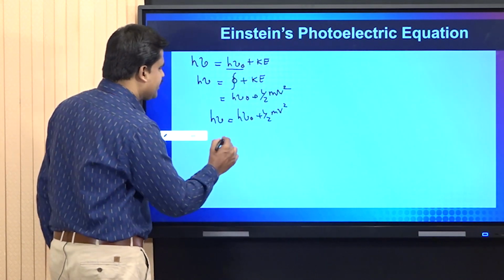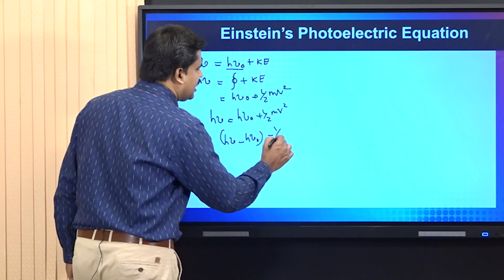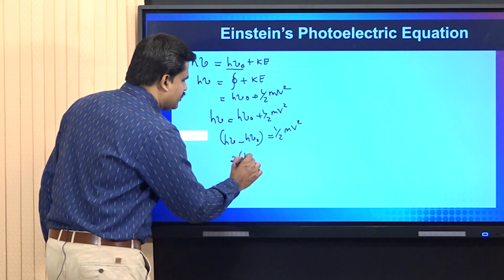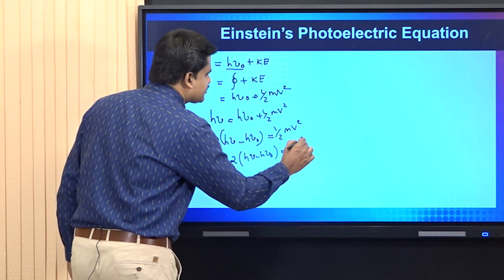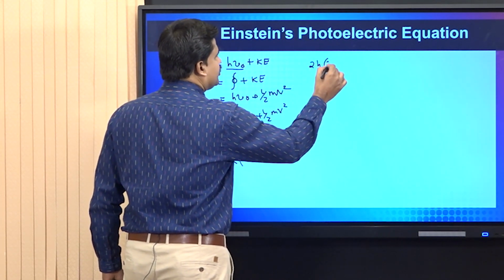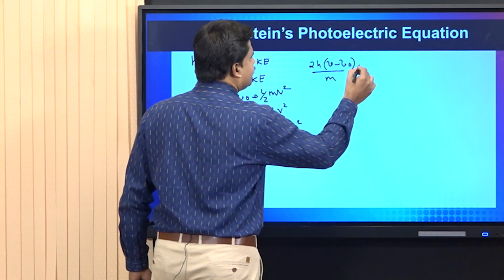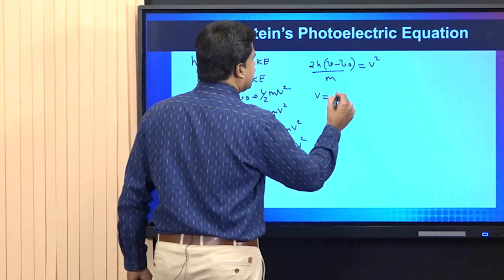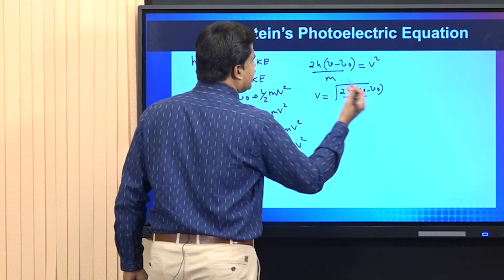On simple rearrangement, h nu minus h nu 0 is equal to half m v square. 2 into h nu minus h nu 0 is equal to m v square, or 2h into nu minus nu 0 divided by m is equal to v square, or simply v is equal to under root 2h into nu minus nu 0 divided by m.